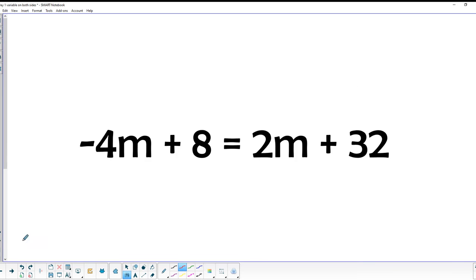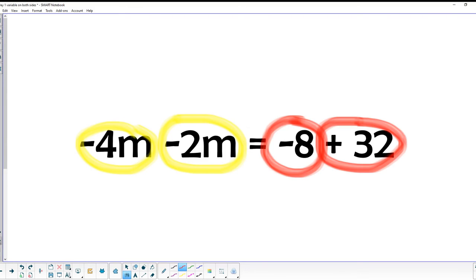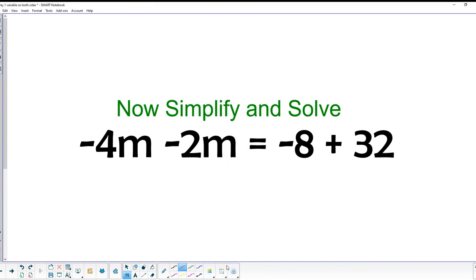Here's another problem. Let's try this one. So we're going to circle the like terms. We're going to rearrange the like terms so that all the variables are on the left side, all the constants are on the right side. And now we're going to simplify and solve. So negative 4m minus 2m is negative 6m.